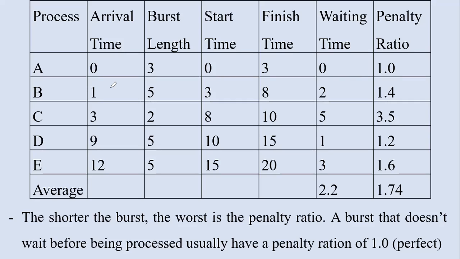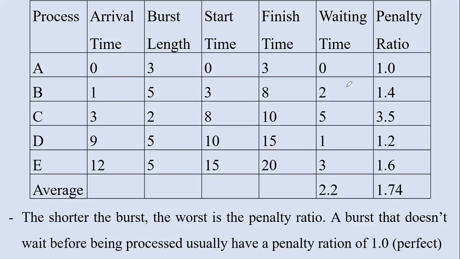Then process B arrives at time 1. It has a burst of 5. Process B will start being executed when the first process completes execution, that is, time 3. So it arrived at time 1, but it will start being attended to at time 3. The waiting time for that process will be the starting time minus the arrival time, which gives 2.